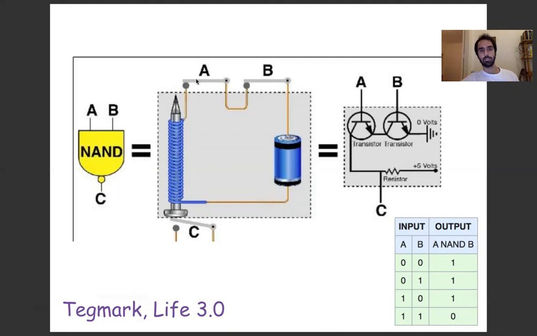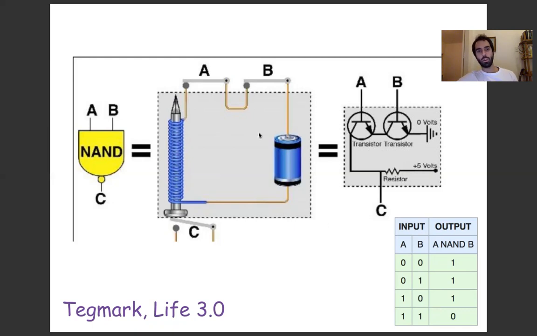And you say that if A and B are closed, these are both bits 1. Okay. So this gives you 1, 1. And together they close the circuit here, which magnetizes this head, and it pulls the metallic part here, which transforms C into a bit 0. So the output is 0.